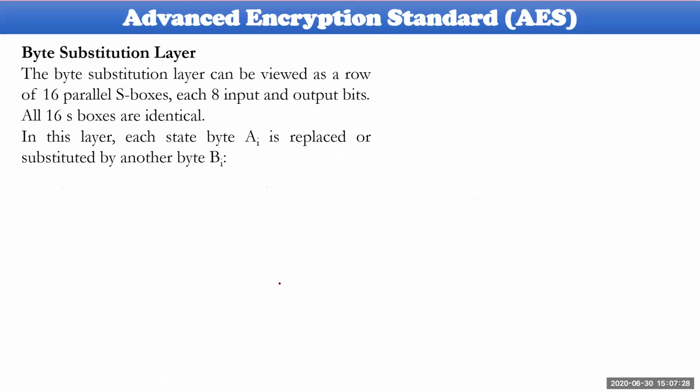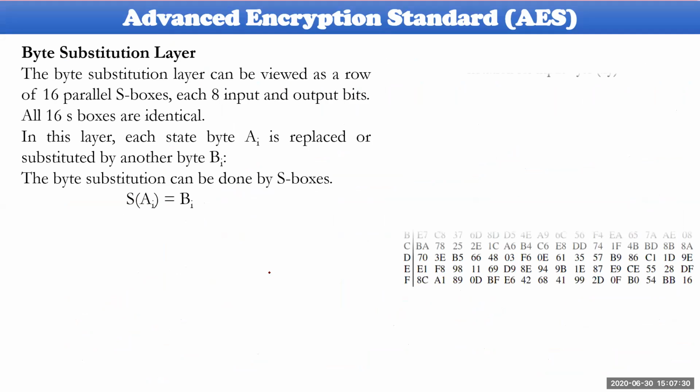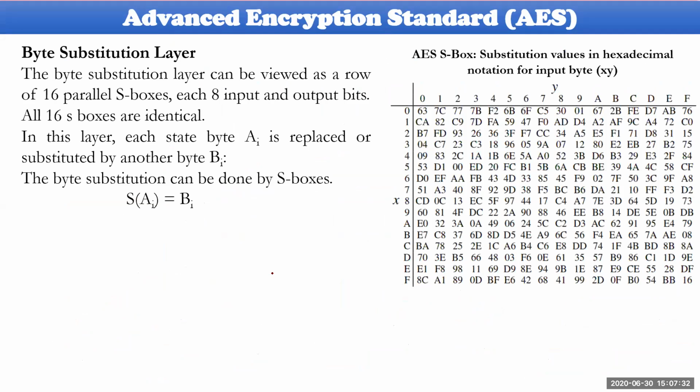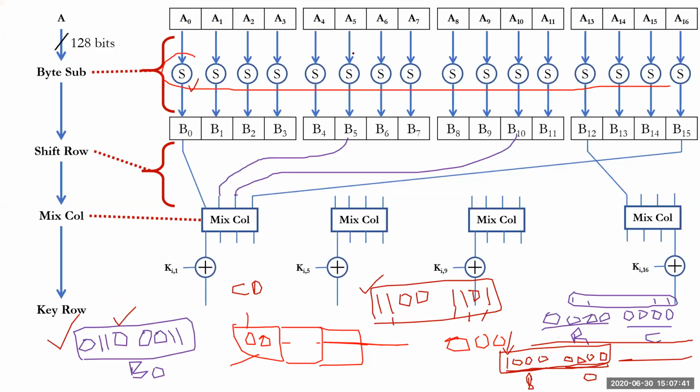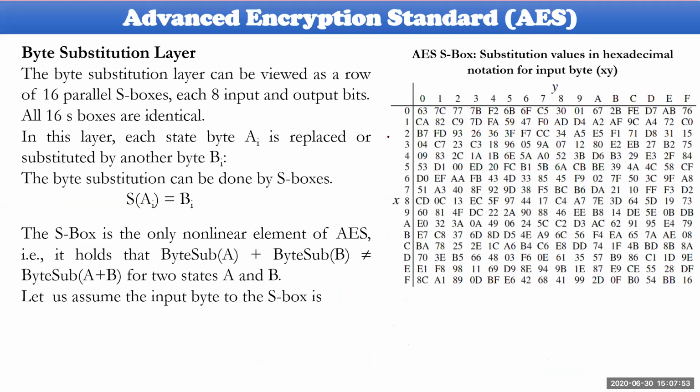It has a 16 by 16 S-box. You operate a parallel set of 16 S-boxes for the encryption process. All 16 S-boxes use the same table available here. Based on this, how the data is extracted from the plain text has also been seen.